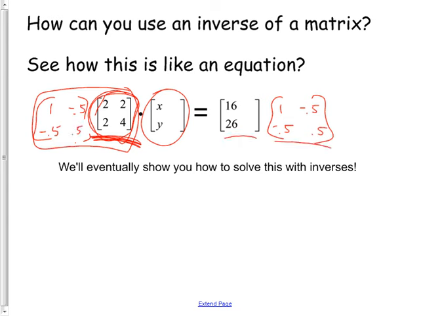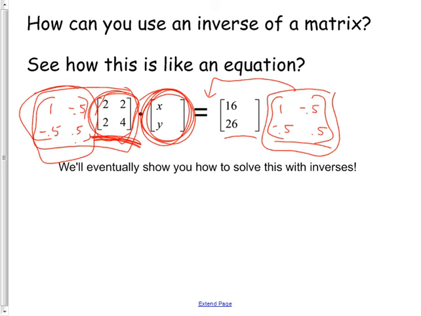Because this times this isn't in the right order. I did the matrix on the left side. I have to do this matrix right here on the left side or it won't work. Remember how the order matters? If I'm going to multiply this guy by this, and I did it on the left of it, then I have to do this one on the left of it also.